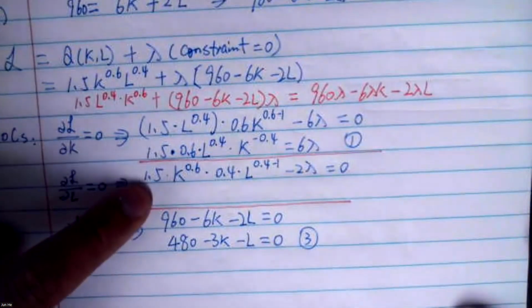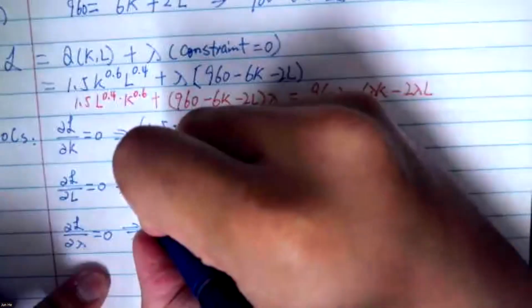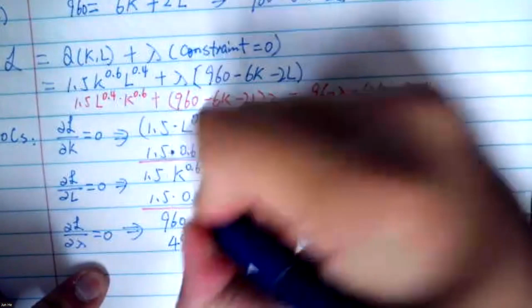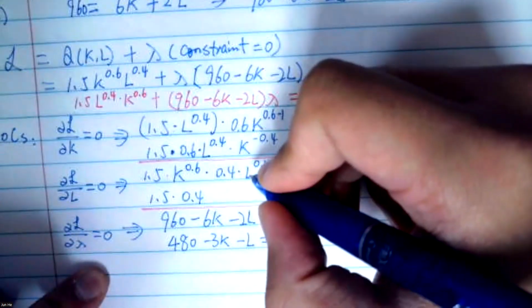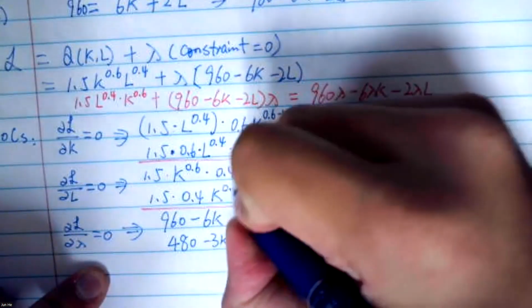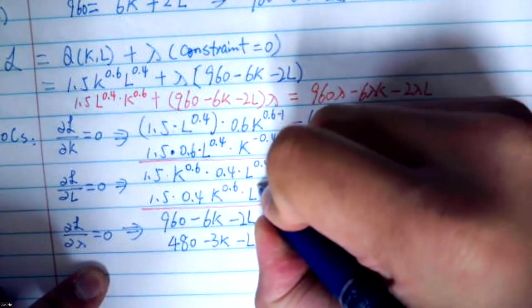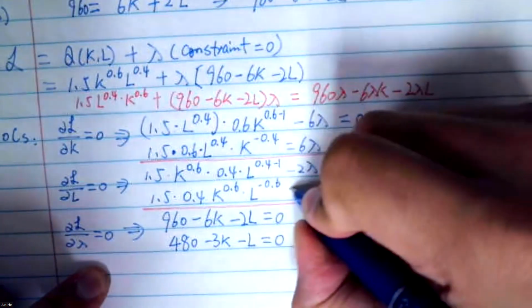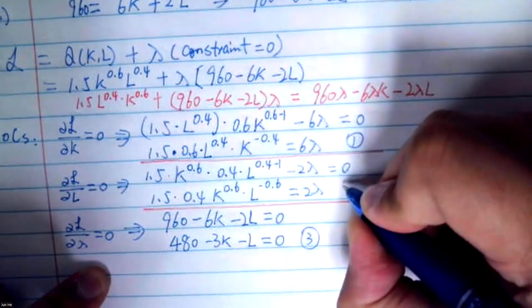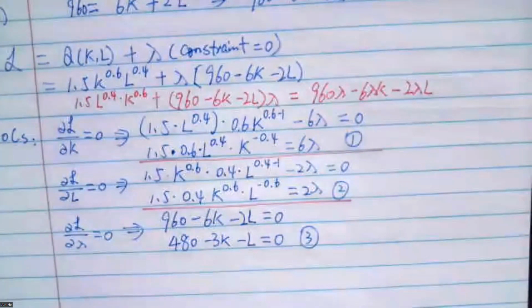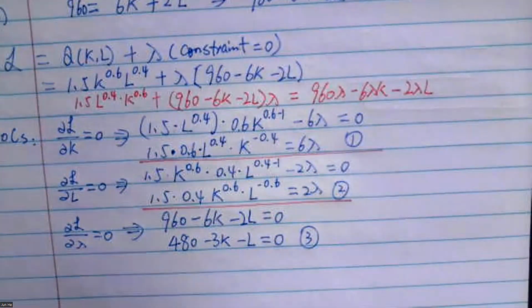It's set equal to 0. So what we have is 1.5 by 0.4, K to the power of 0.6 L to the power of minus 0.6 equal to 2 times lambda. That is your equation 2.